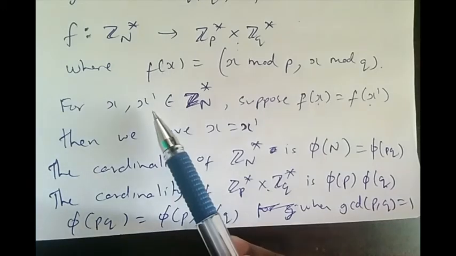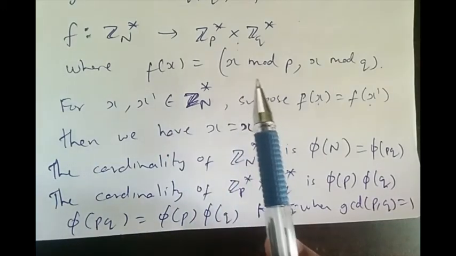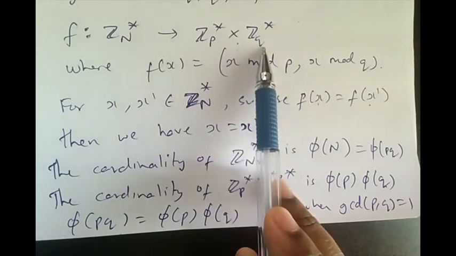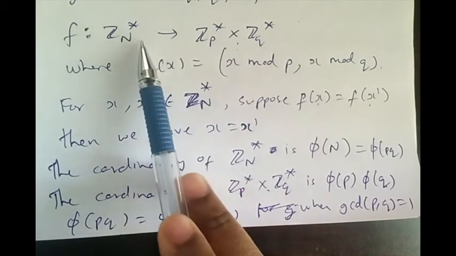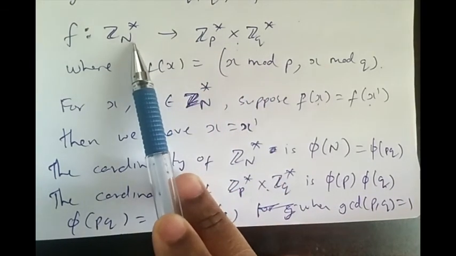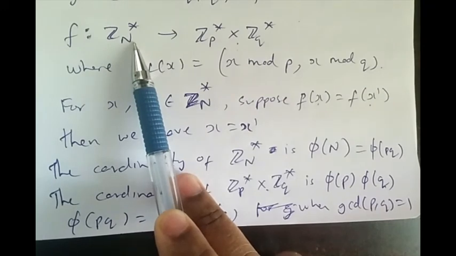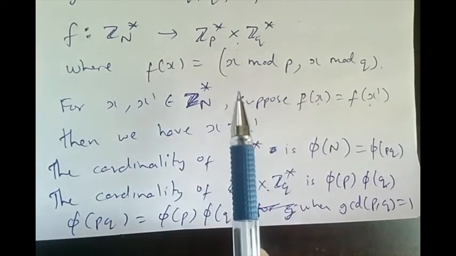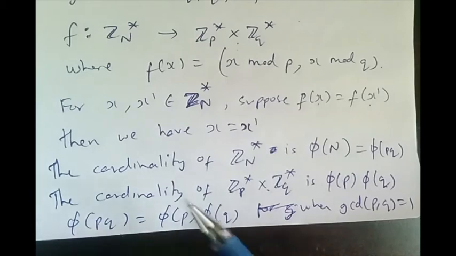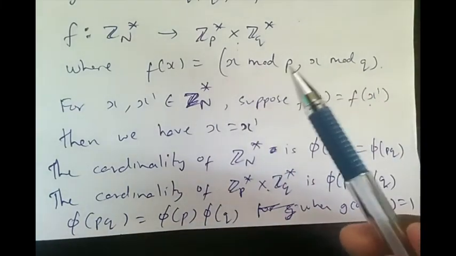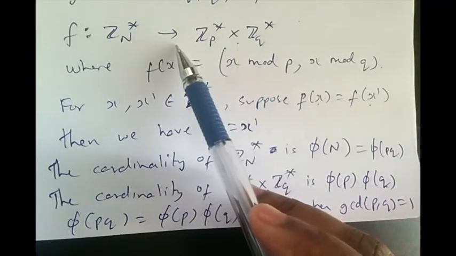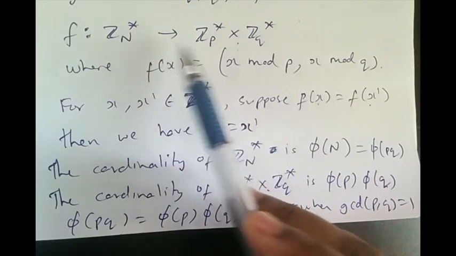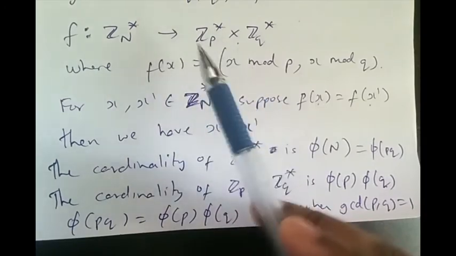So we showed that it is 1 to 1. Now I'll just show that it is onto. That is, for any element in this Zp star cross Zq star, there exists a pre-image. There exists an element in Zn star which maps to that ordered pair. So I'll not use the cardinality argument, and I'll prove that this mapping is onto directly.